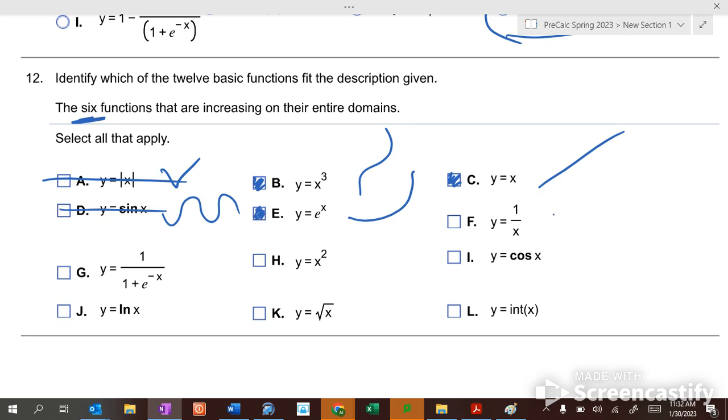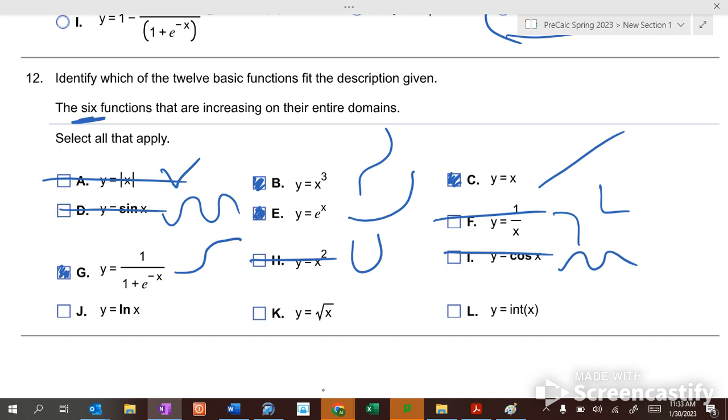1 over x. It's always decreasing. This one, that one's a yes. X squared. No. Cosine. No, because it's like that. ln of x.